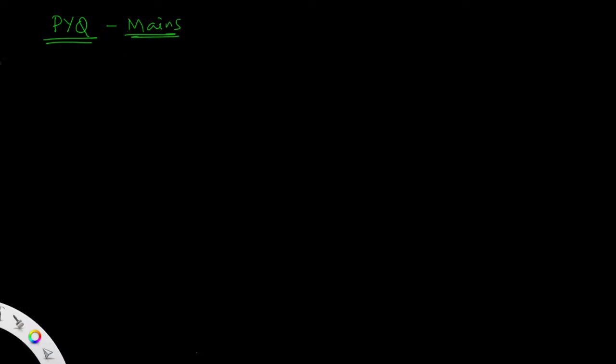So write down the first question. Number of ways in which 21 rupee coins can be distributed among 5 people such that each person gets at least 3 rupees each.